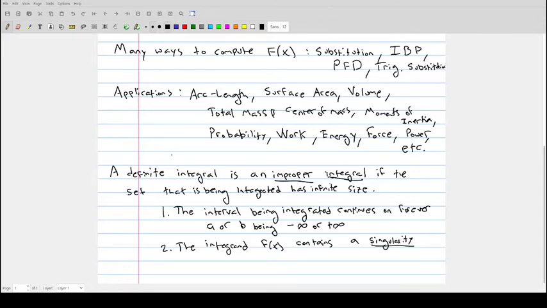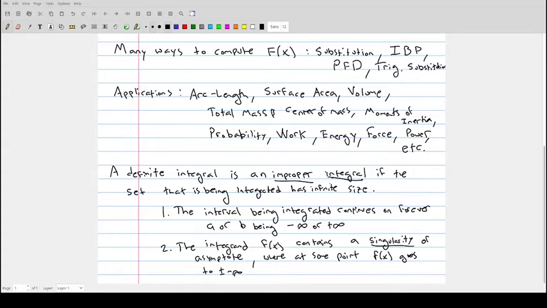This is specifically like an asymptote, where at some point f of x goes to plus or minus infinity.